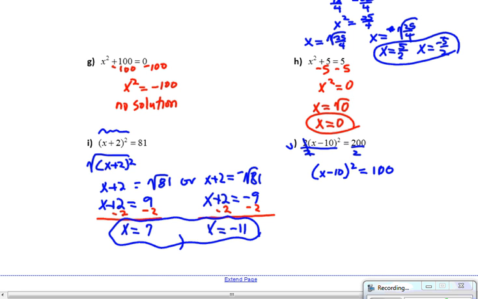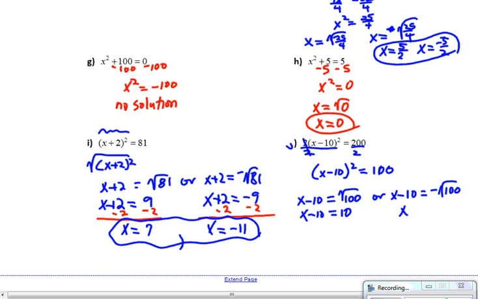When I take the square root, I'm going to get x minus 10 is equal to the square root of 100, or x minus 10 is equal to negative square root of 100. And then finish it up. So that's going to be x minus 10 is equal to 10.